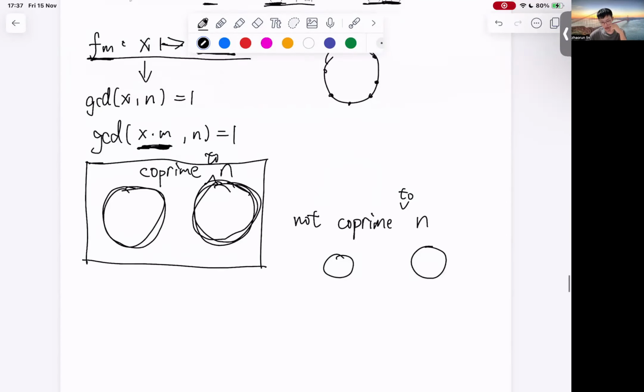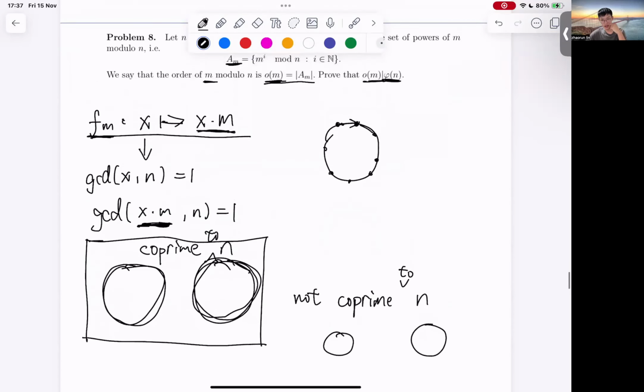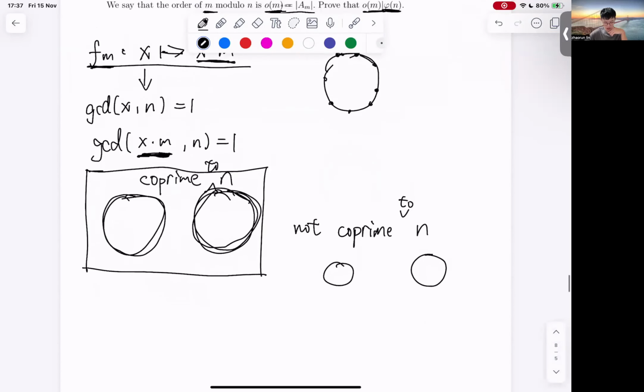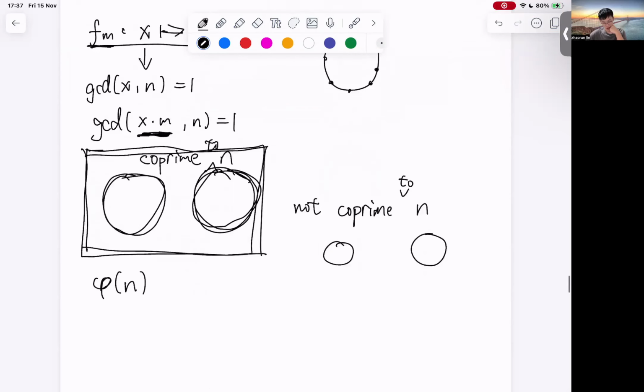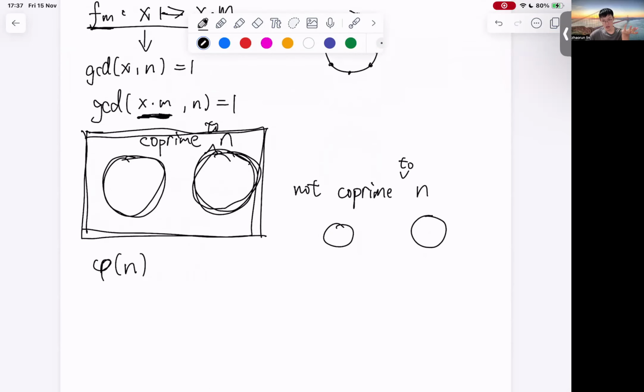So what is the number of elements in this set? It's simply all of the elements that are coprime to n, right? So it's given by this Euler totient function. And from the lecture, we know that the permutation graph contains cycles that are all of the same length.